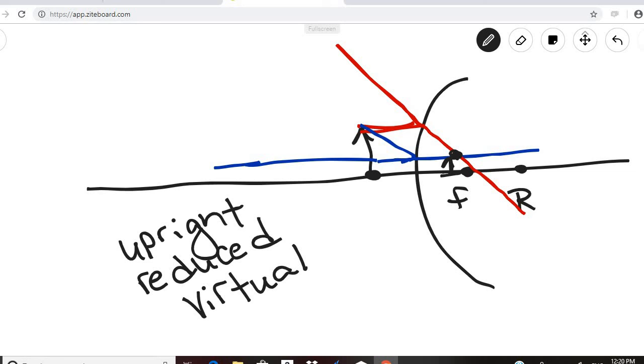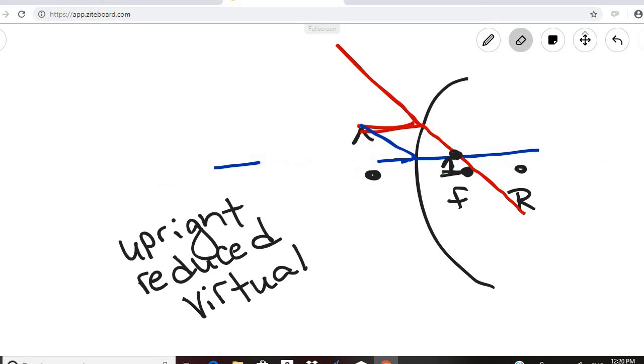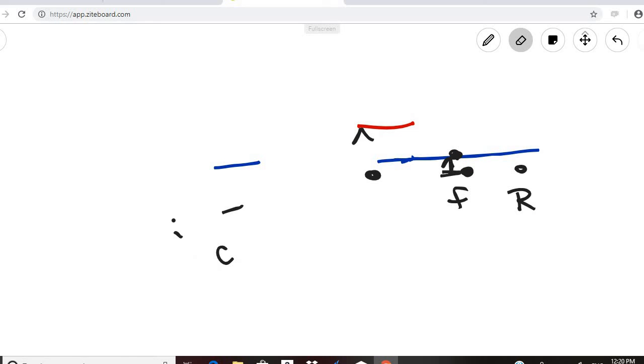Okay, so that is how we do our ray tracings for a convex mirror. Basically the same procedure as for a concave mirror. It's just that the radius of curvature will be on the other side of the mirror compared to where the object is.